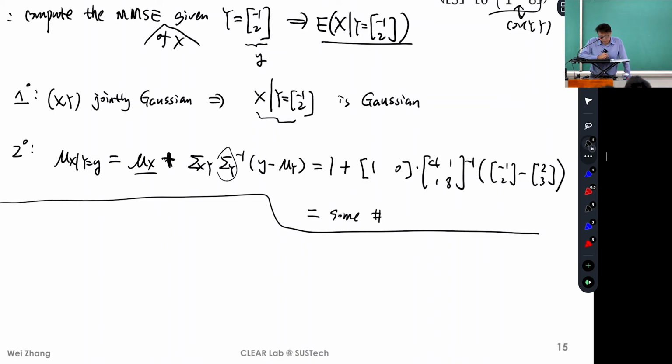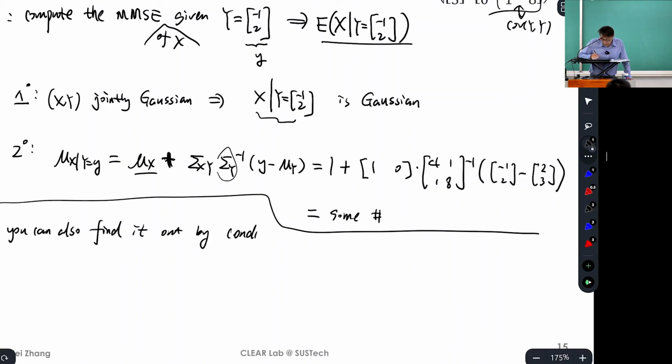I think we're about out of time. But I want to point out, you can also find it by the conditional density. Let me restate this sentence.